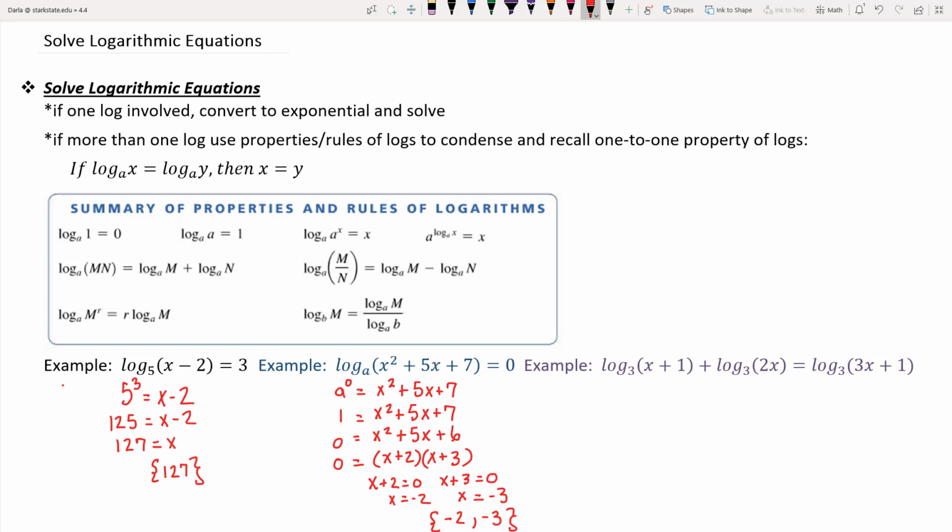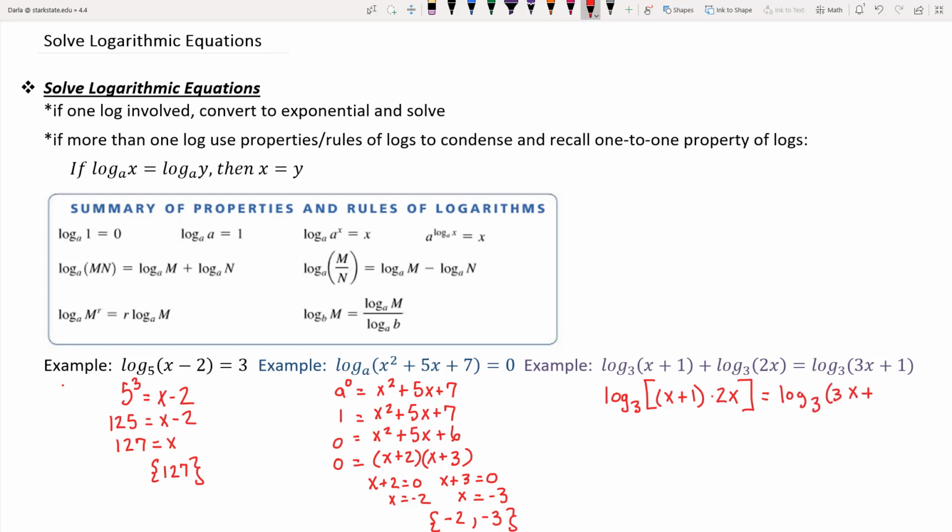Well, because those are the same base and it's a sum, we can rewrite that as a single log with the same base, but where we take the product. So x plus 1 times 2x equals log base 3 of 3x plus 1.